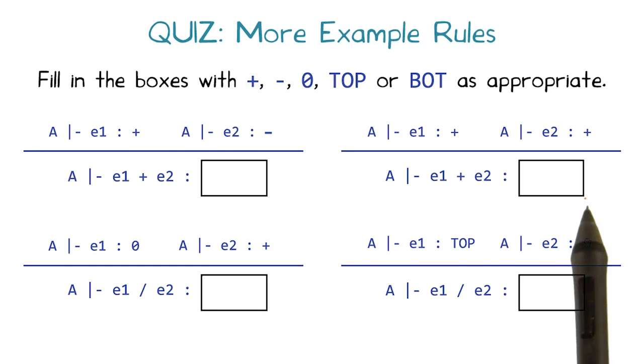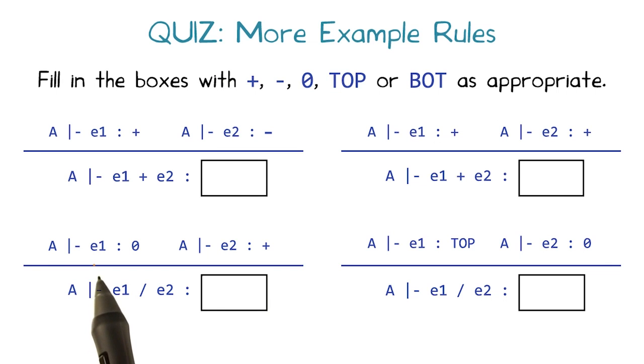Under the environment A, if it is provable that E1 has value 0 and E2 has value plus, then it is provable that E1 divided by E2 has value blank. And under the environment A, if it is provable that E1 has value top and E2 has value 0, then it is provable that E1 divided by E2 has value blank.